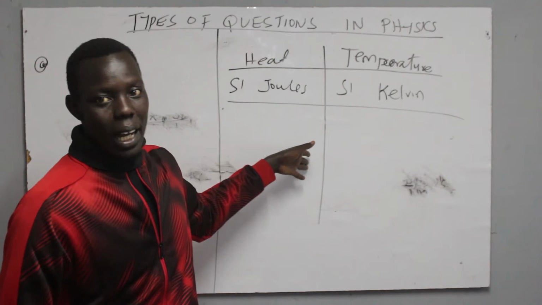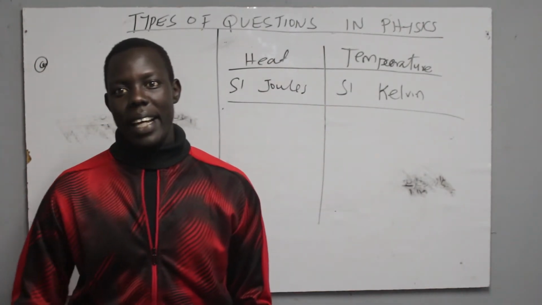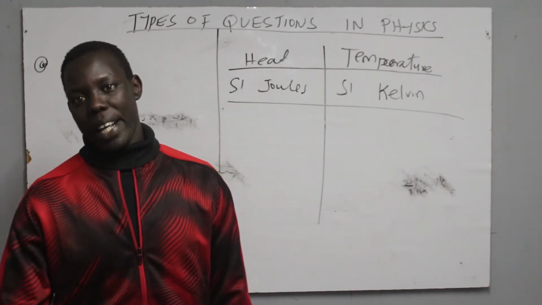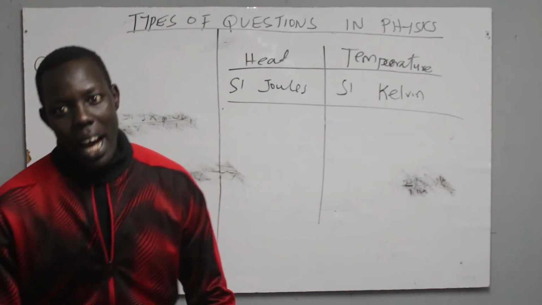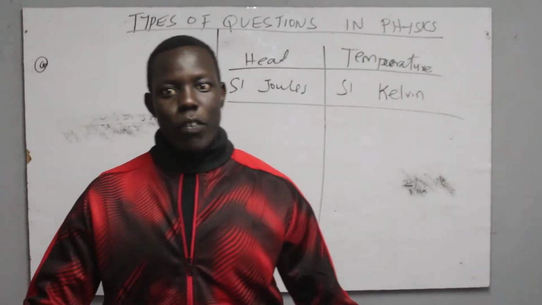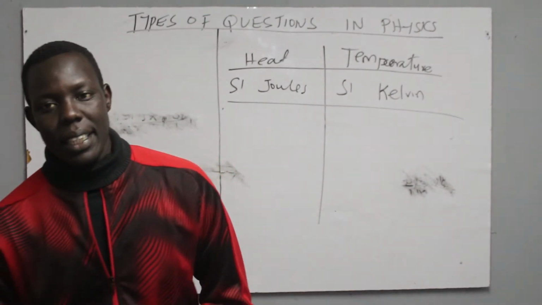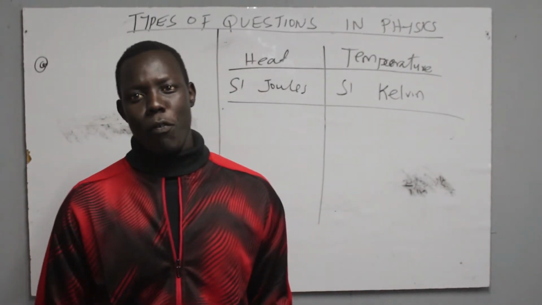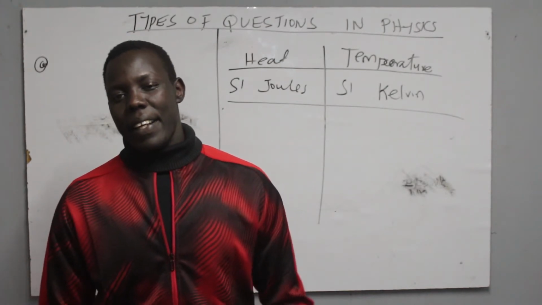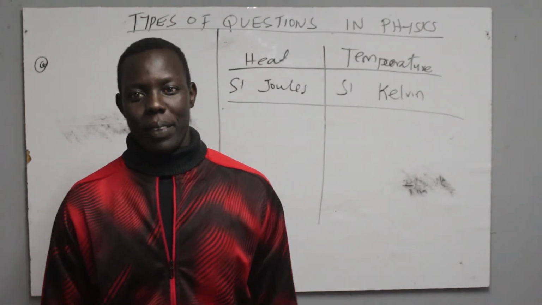Then in the tabular form, on the other side, you write that temperature is the extent of hotness or coldness of a body or a place. So you see, that one is fine. But if you are using point form, then you have to tell us that whereas heat is a form of energy that flows as a result of temperature difference, temperature is, then you give its definition. That is how it should be.